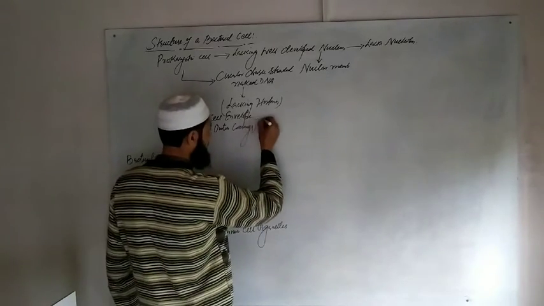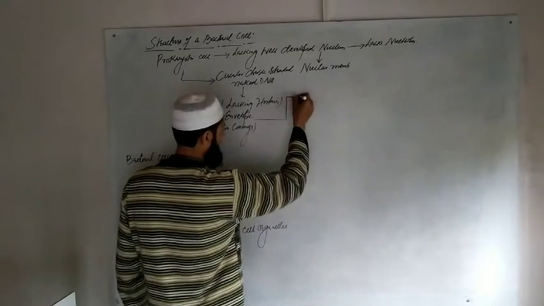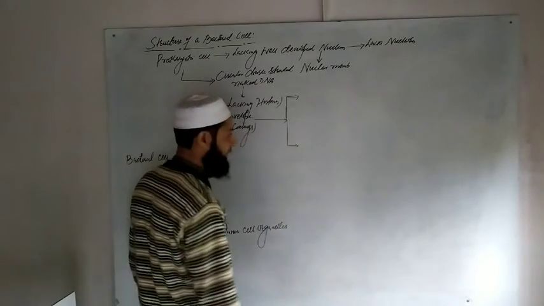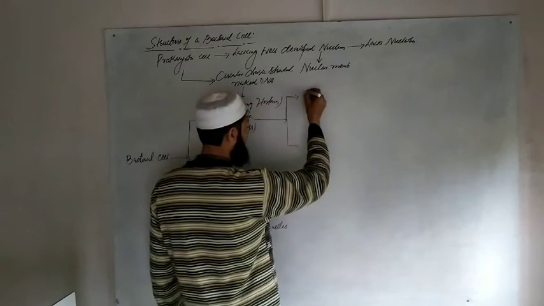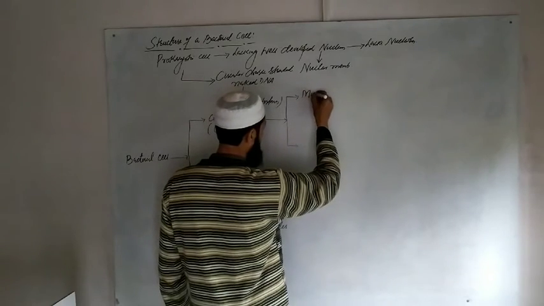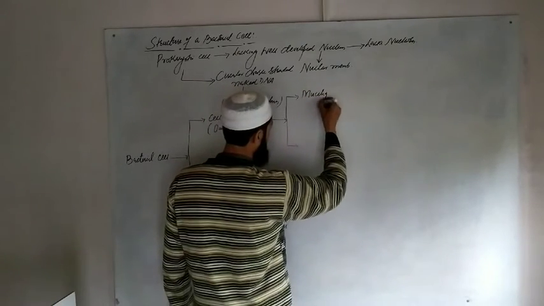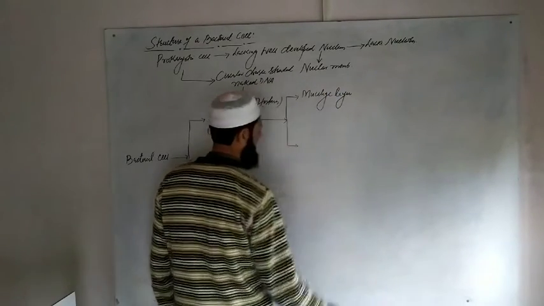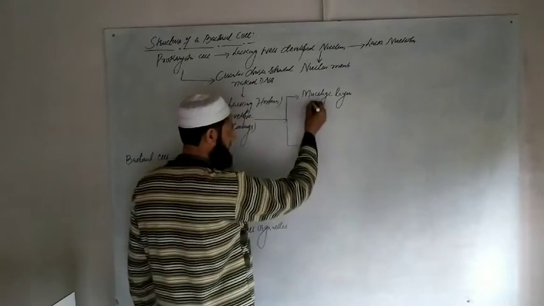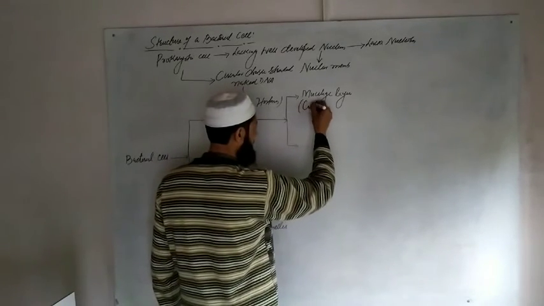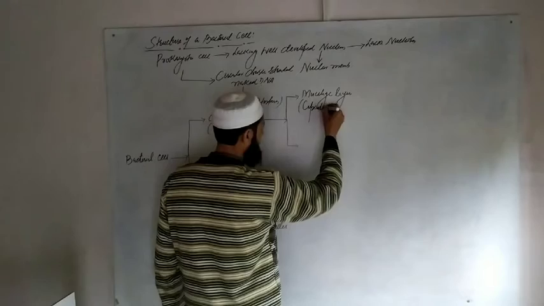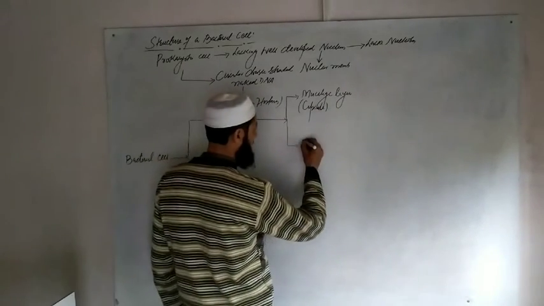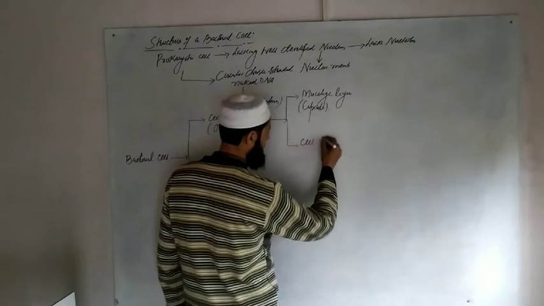This cell envelope consists of components like the outer mucilage layer, and in some bacteria this mucilage layer becomes a capsule. And the inner one is the cell wall.